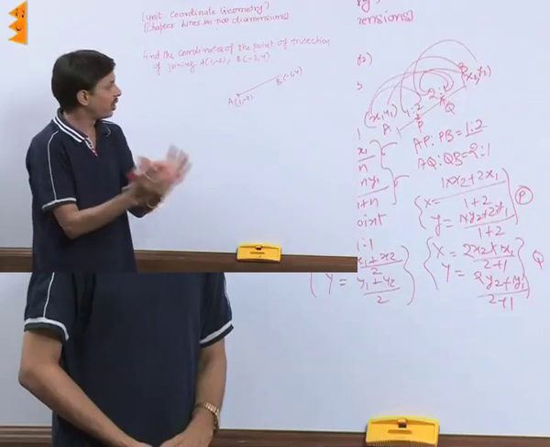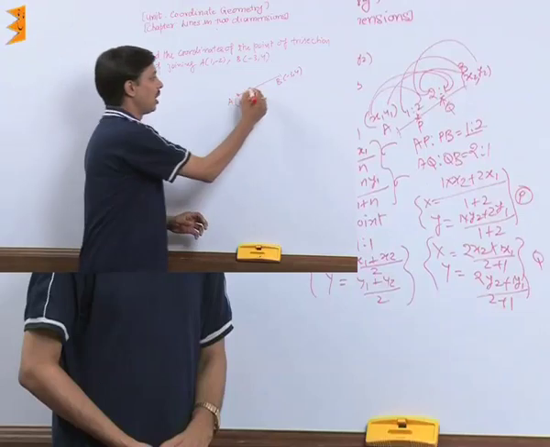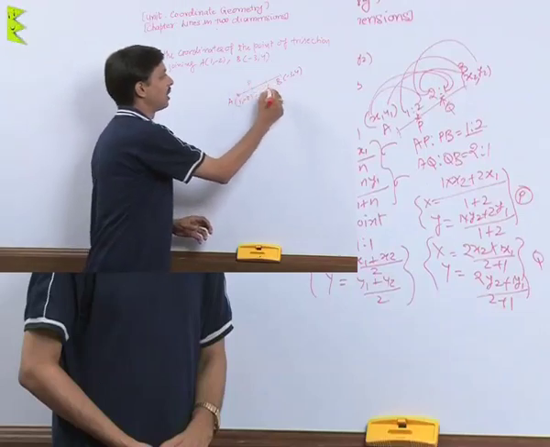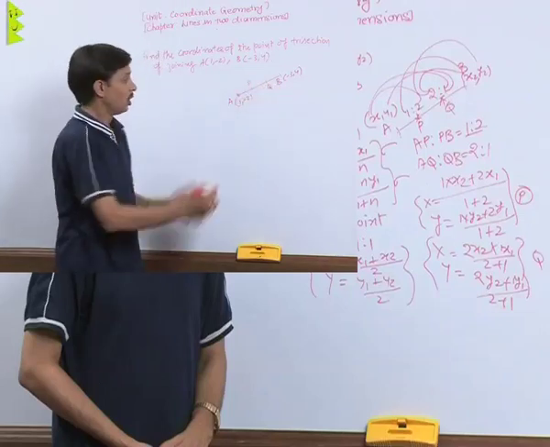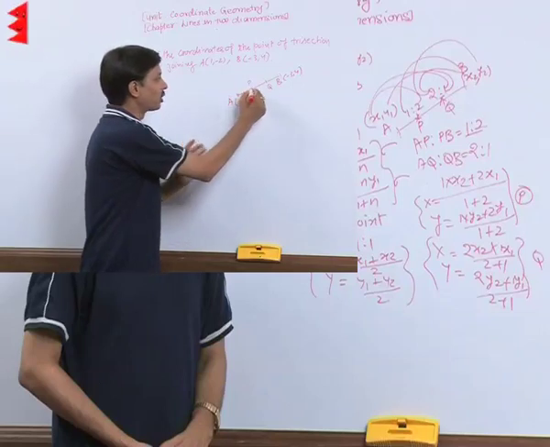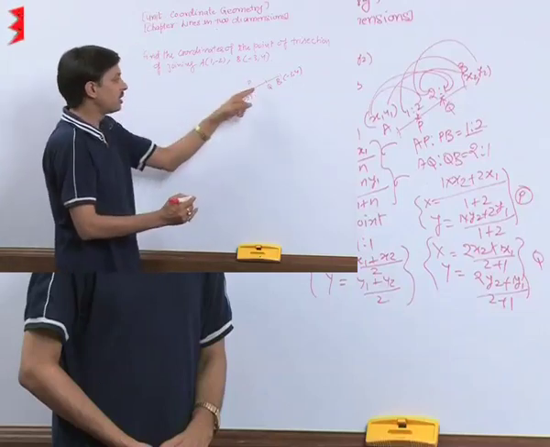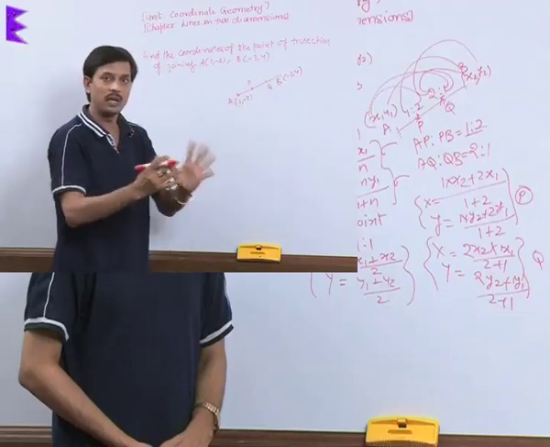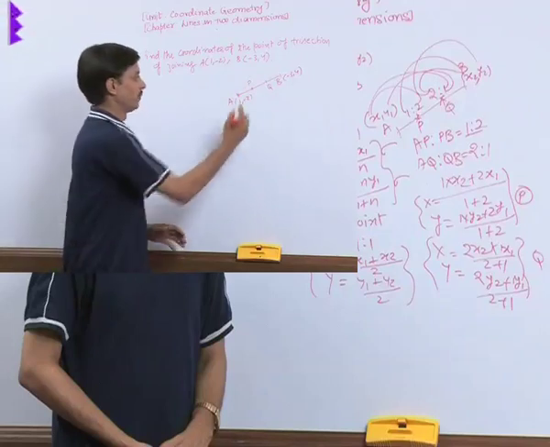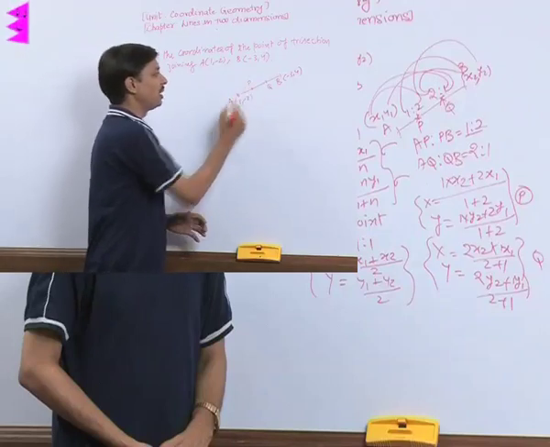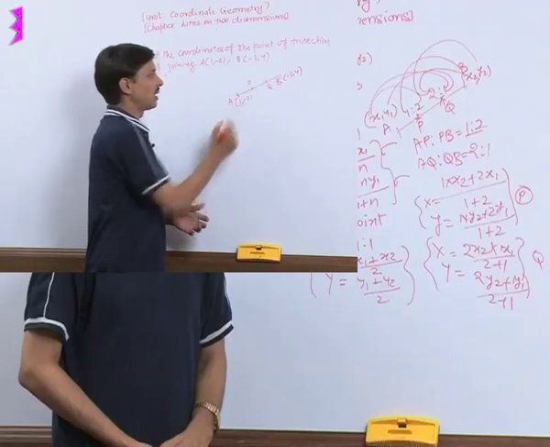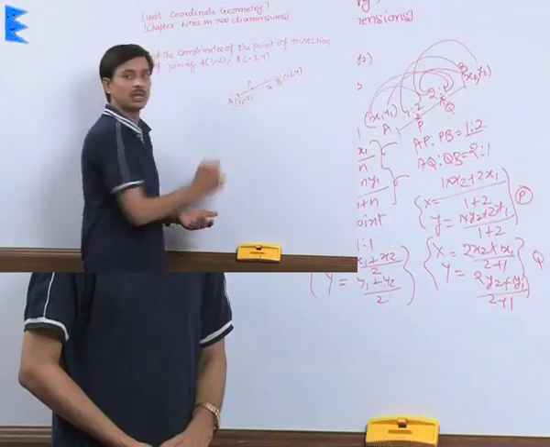To find the points of trisection, we assume that these are P and Q. So P is dividing the line joining AB in the ratio 1:2, because AP is one part, PQ is another equal part, and QB is the third part.